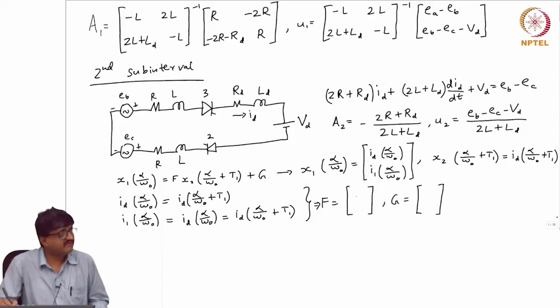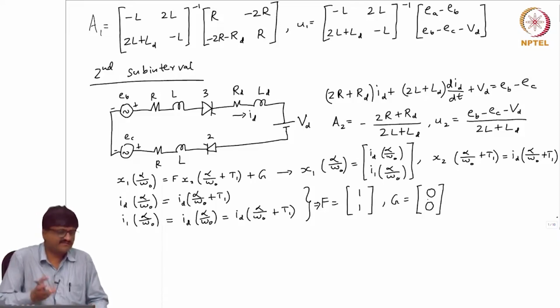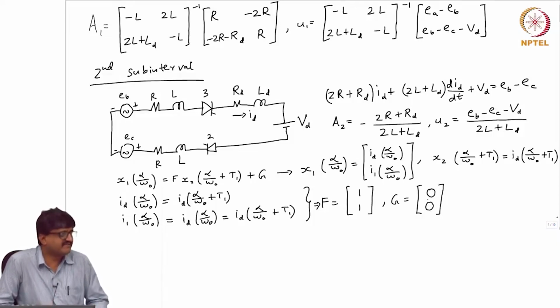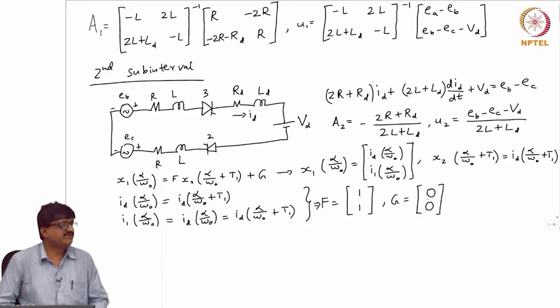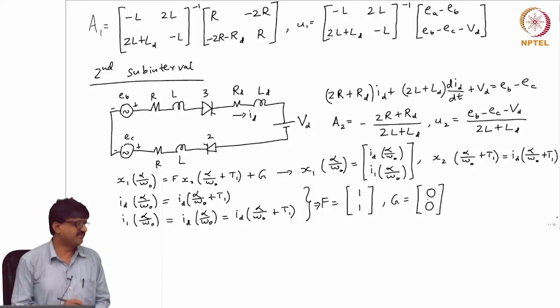F is 1 1. G was actually not required in this case. Why I use G is that it is a general solution. There are cases where G is non-zero, which is why we need G. For this case G is 0. So, this is as far as 2 and 3 valve conduction mode is concerned.